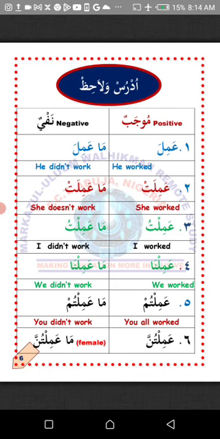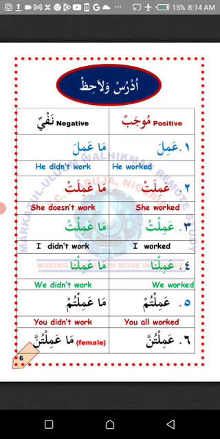Arba number 4. Amilna, we worked or we have worked. Ma amilna, we didn't work or we have not worked. Hamsa number 5. Amiltum, you all worked or you have all worked. Ma amiltum, you didn't work or you have not worked.